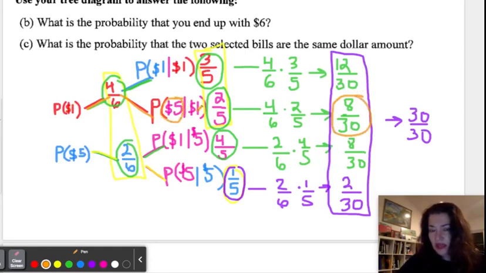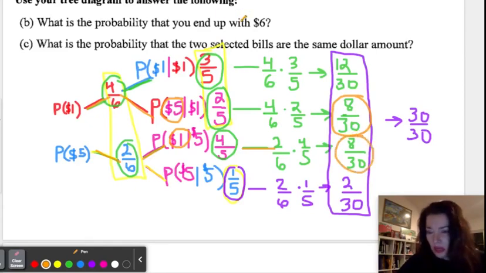Remember, this means given I picked $1 in the beginning. All right, the next $6 that we also have is we pick $5 and then we would need to pick $1, which represents this following path right here. So we picked $5 and we have $1. So we go along this and we have 8 out of 30.